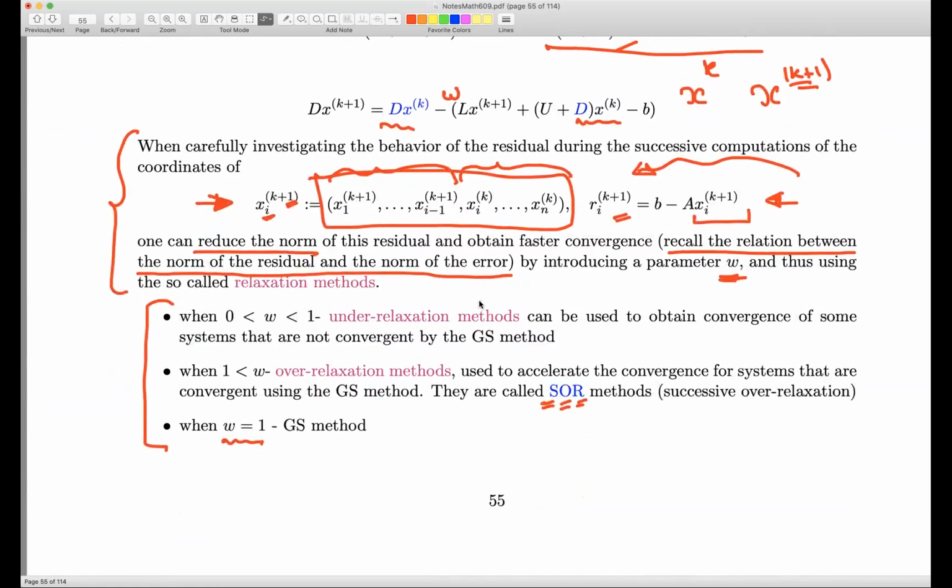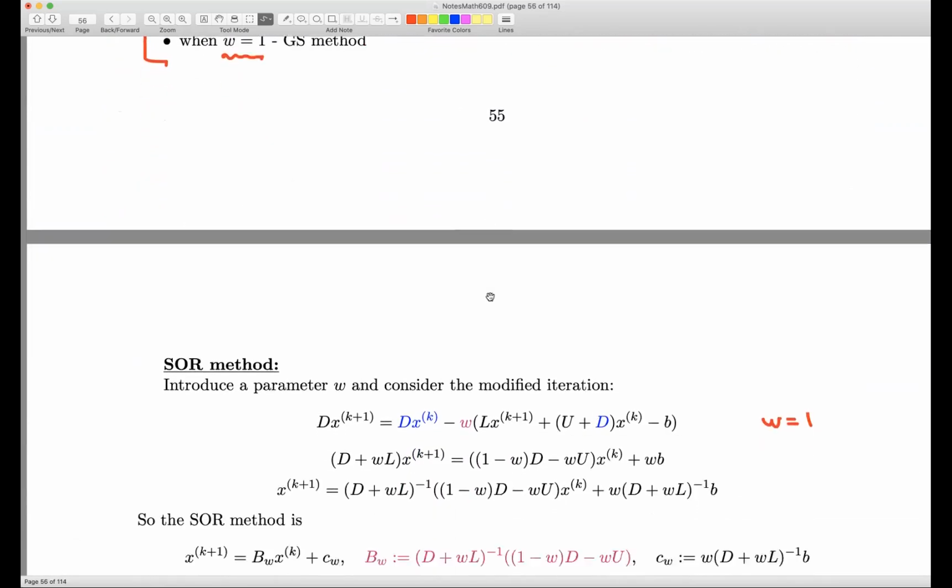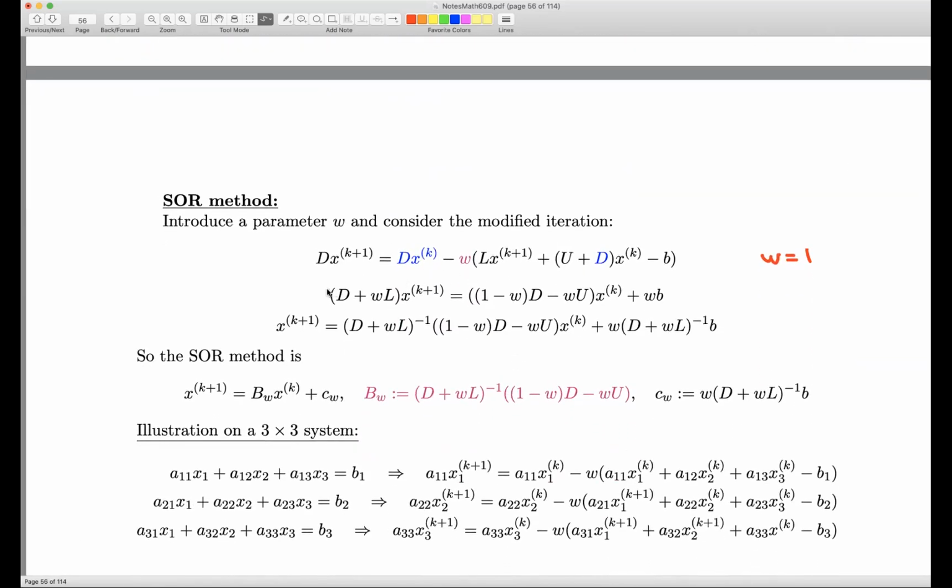So when omega is equal to 1, the SOR method is the Gauss-Seidel method. So now once we look at this representation and we know that omega is the parameter, then we can go back and group everything with index k plus 1 to the left. So we can move minus omega L x k plus 1 to the left, which will become omega L, and we will pull out x k plus 1.